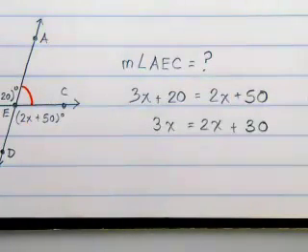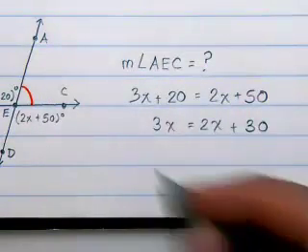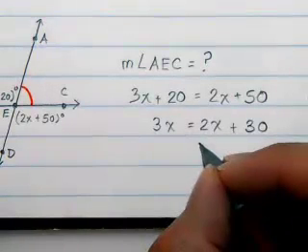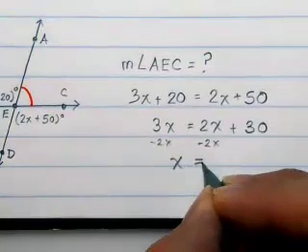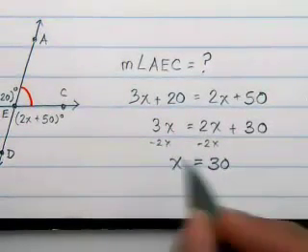What can we do now? Can we take the 3x and give it to 2x? Other way. Subtract the 2x from the 3x. Oh, subtract the 2x. So we can get the x's on one side and everything else on the other. So if I subtract 2x, I'm left with x equals 30.